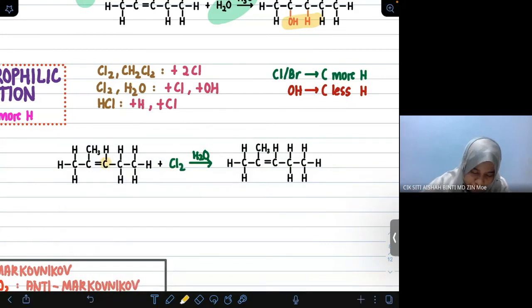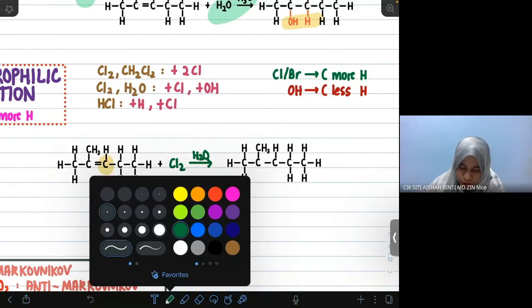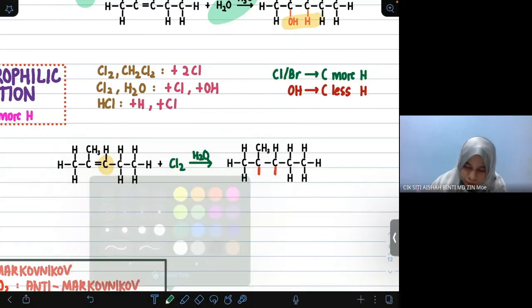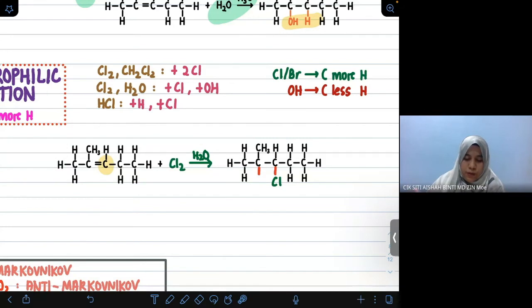So from this side, we're going to add 2 new bonds, 1, 2. We add the chlorine or the bromine to the carbon with more hydrogen, so this one will be our chlorine. Another one, we're going to add our OH.